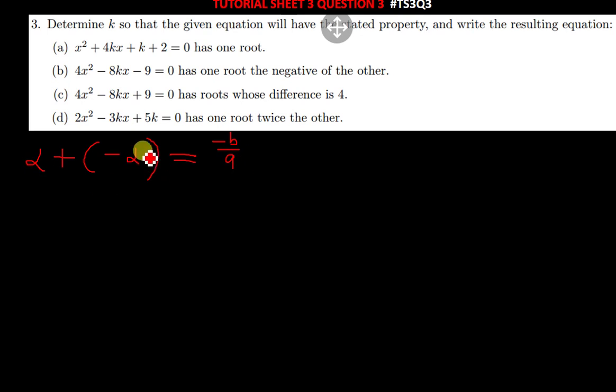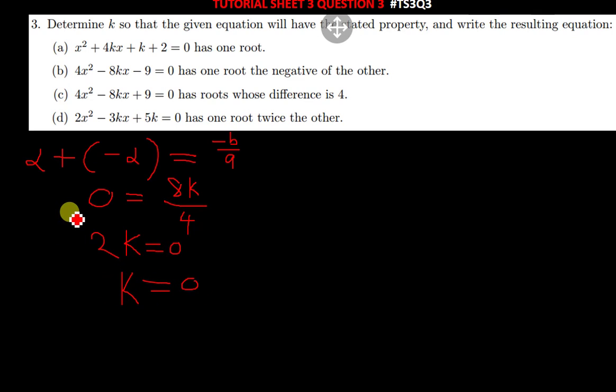So when you add these two, you are getting 0 this side, and then negative b over a will simply be 8k over my a, which is 4. So when you divide there, you have 2k being equal to 0, and then your value of k will simply be equal to 0.